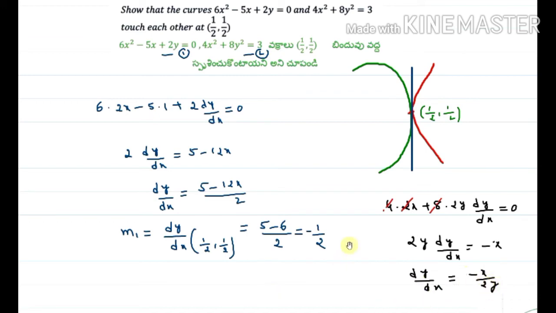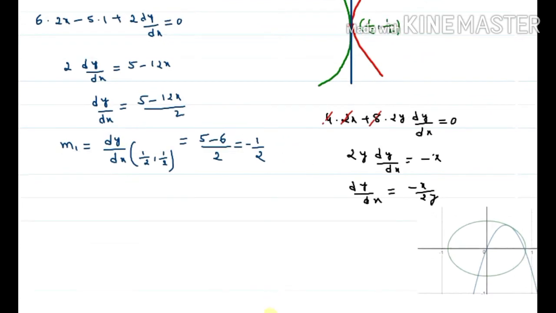Now substitute x and find out the m2 value. m2 is equal to dy by dx at 1 by 2 comma 1 by 2. So this is minus x value 1 by 2 divided by 2 into y value 1 by 2. Again here also 1 by 2 gets cancelled.